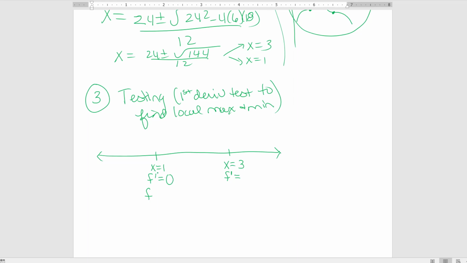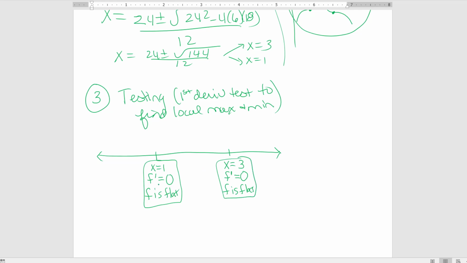At x equals 1, the derivative is 0, and my conclusion about f would be that at x equals 1, f is flat. Similarly, at x equals 3, f prime is 0, so f is flat.